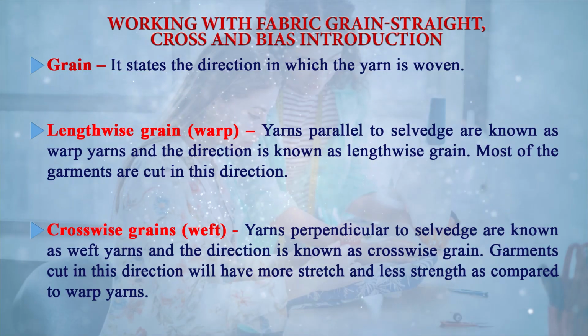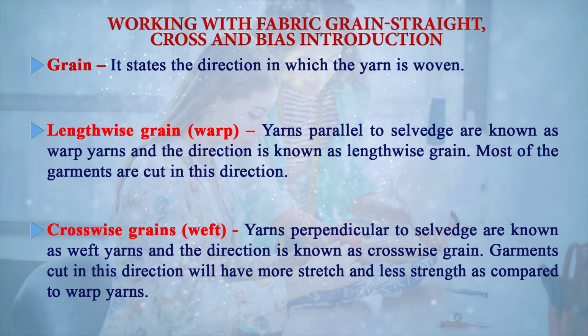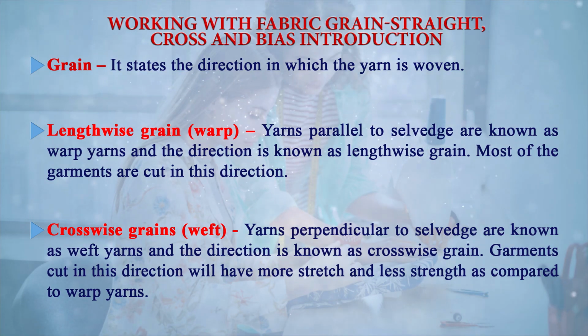Then we have the crosswise grain, which we say is the weft direction of the fabric. The yarn which is perpendicular to the selvage is known as the weft yarn, and the direction is known as the crosswise grain. A garment cut in this direction will have more stretch and less strength as compared to the warp yarn.